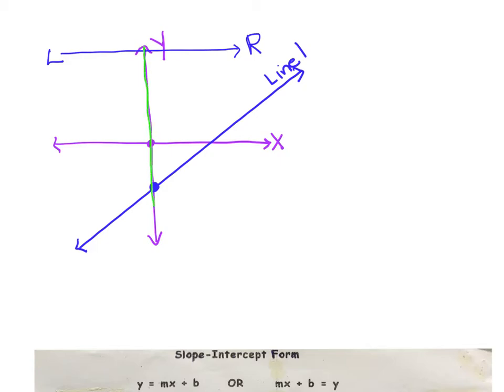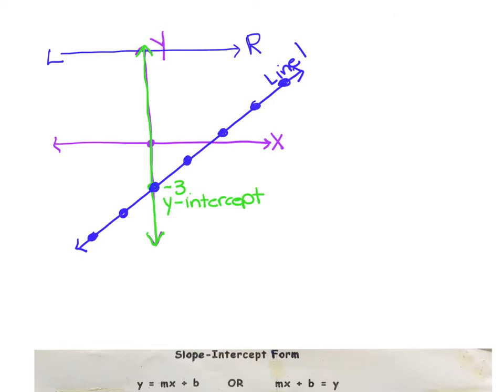Remember, this y-axis, this vertical axis, is very important because this spot right here is known as our y-intercept. And that becomes very important when we go to write an equation for line 1.